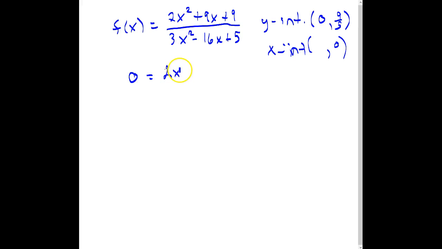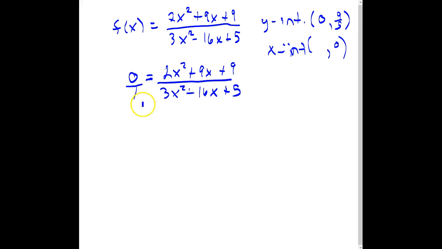So I have 2x squared plus 9x plus 9 all over 3x squared minus 16x plus 5. Now one thing we want to think about also, we might actually be able to cancel some things out here. But again, we're just looking for the x-intercept at the moment.